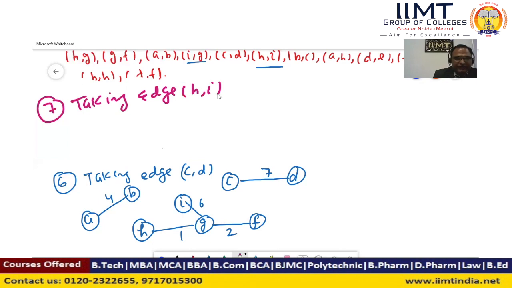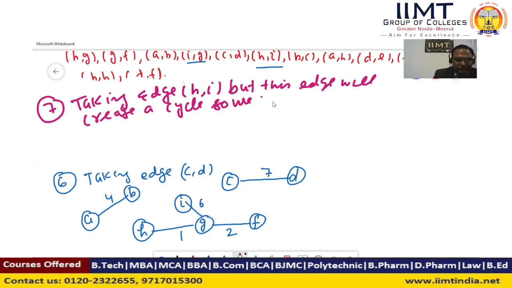But if we take h comma I, it will create a cycle. So this is rejected. We will not consider it.